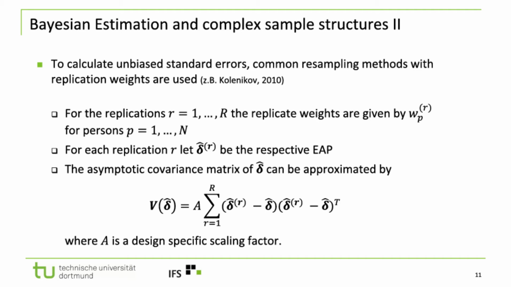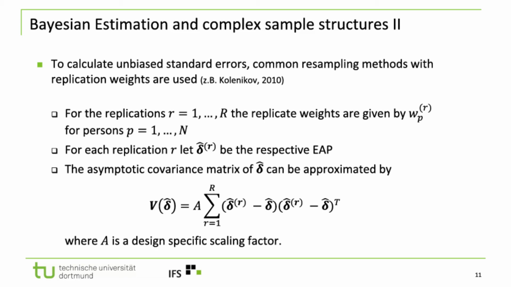These methods are usually based on replications of the sample with sample weights adjusted appropriately for each replication. For each of these replications, the estimator is then recalculated based on the adjusted sample weights. The covariance matrix is then derived from the deviations of these replication-based estimators from the original estimator.